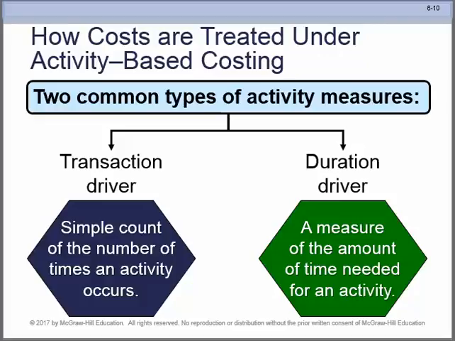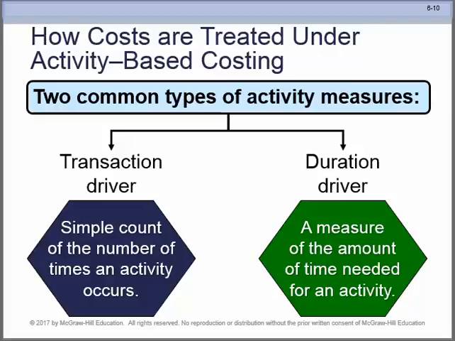So, for instance, if you were sending out invoices to customers, how many invoices are you sending? That would directly relate to the amount of paper used, or the amount of envelopes, and the cost of the postage, perhaps. So that would be one way that you could measure the activity so that you could get a good cost pool going there.